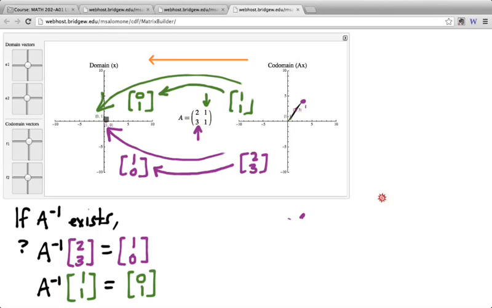So down here at the bottom of the screen is what we're hoping for. We're hoping for a matrix that can turn 2, 3 into 1, 0, and can also turn 1, 1 into 0, 1. So if the columns of A inverse, so let's just write A inverse as a shell over here, A inverse has as its columns, let's call them V1 and V2.